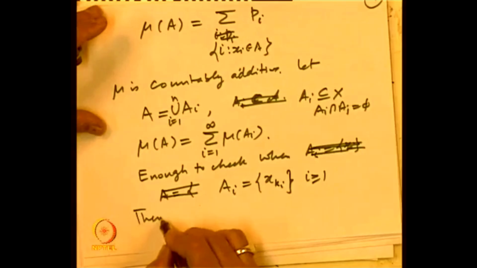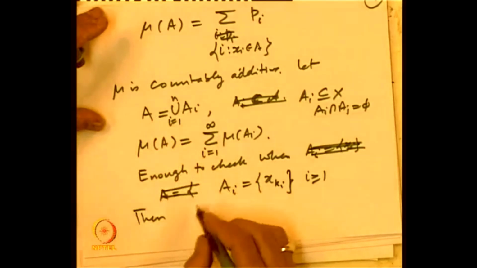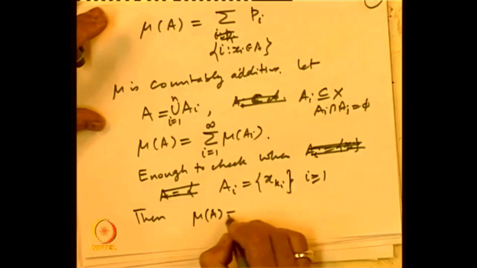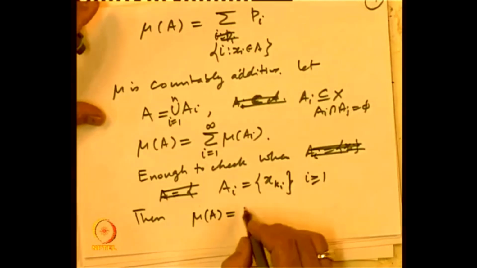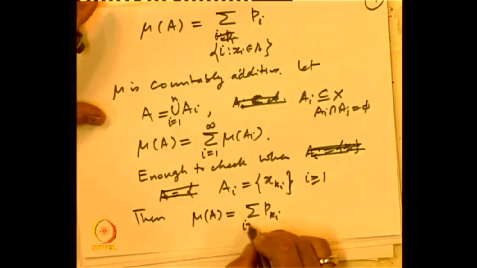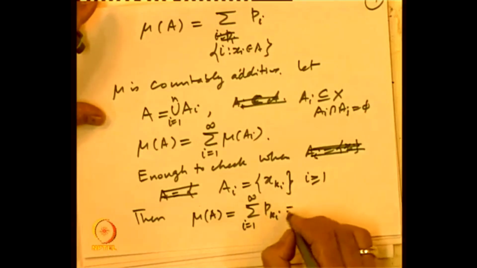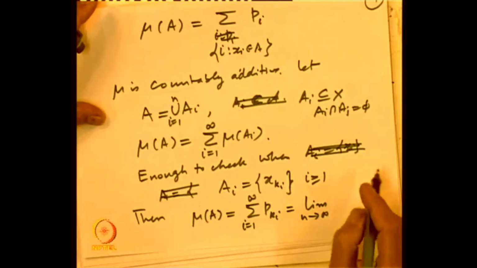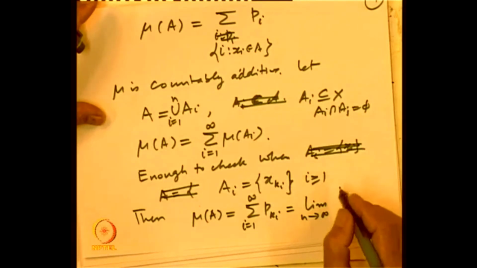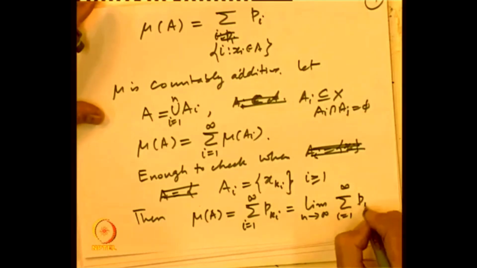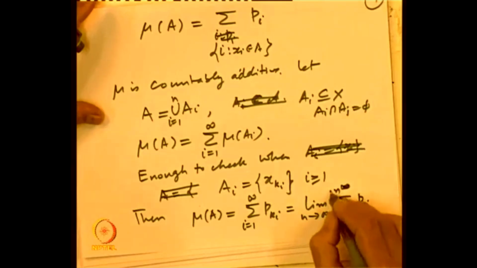Then mu of A is going to be equal to the summation of p_{k_i}, i equal to 1 to infinity, which can be written as the limit as n goes to infinity of the sum up to n.